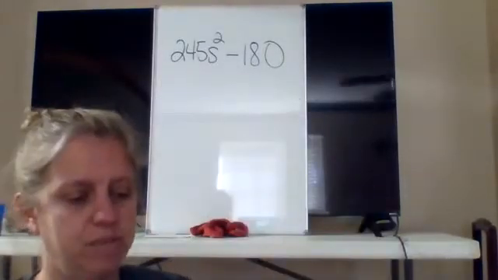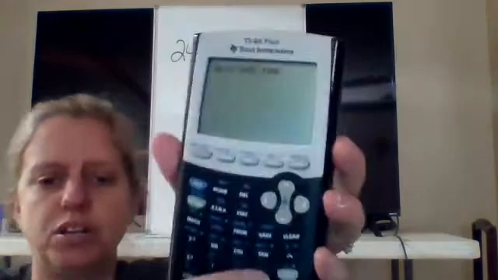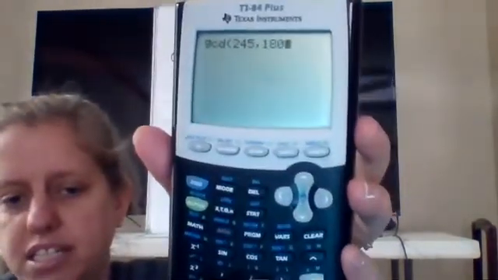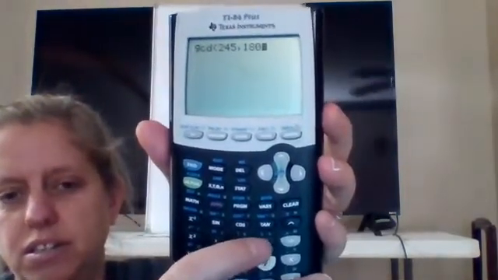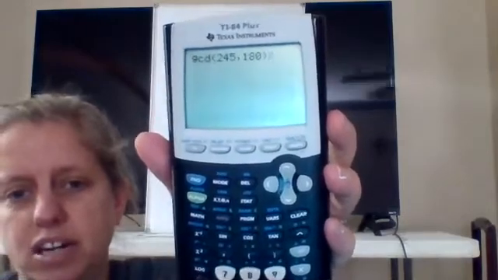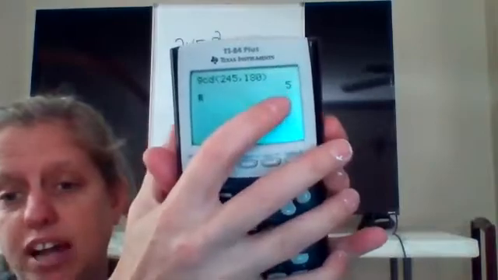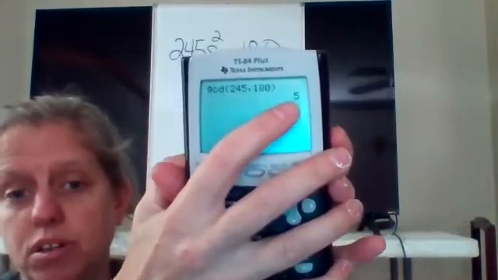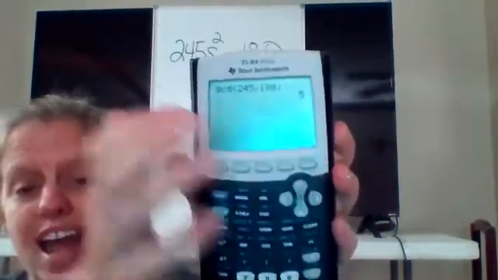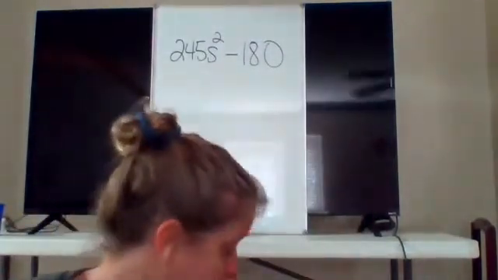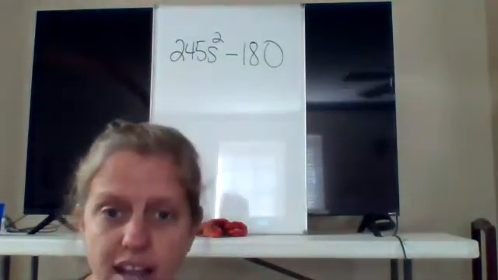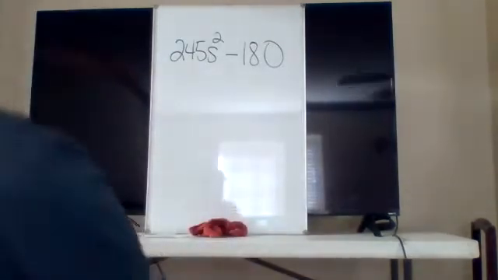After I put in the 180, I'll put the closed parentheses. Hit enter. There it is. That's the greatest common factor. That's the biggest number that will go into 245 and 180, which means I have to pull that out, right? If there's a greatest common factor, you've got to pull it out.